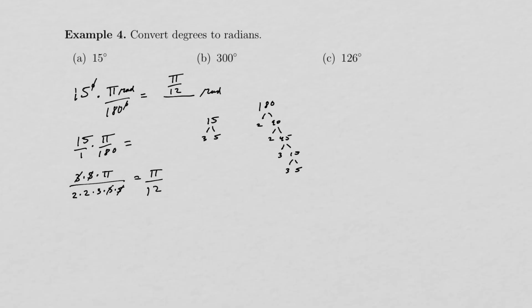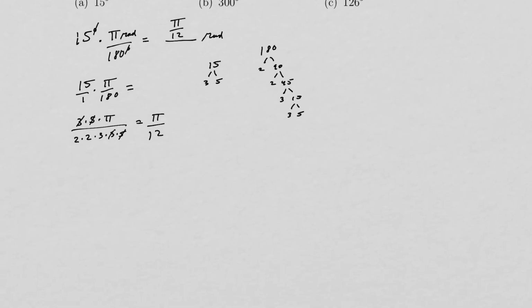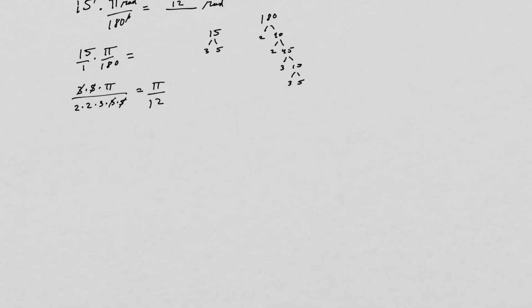Okay, and we can do this for the other angles as well. So 300 degrees. If I want to convert to radians, I multiply by pi radians over 180 degrees. That'll be my answer in radians. So what is 300 times pi over 180?